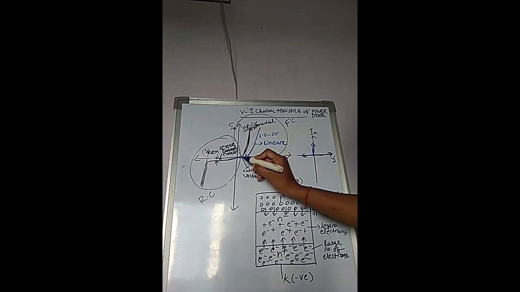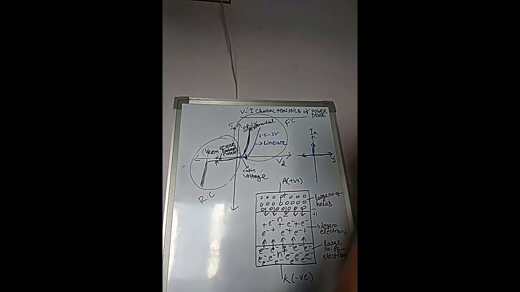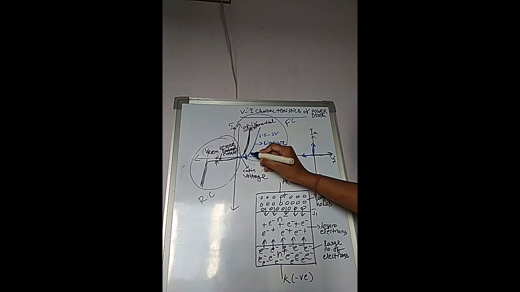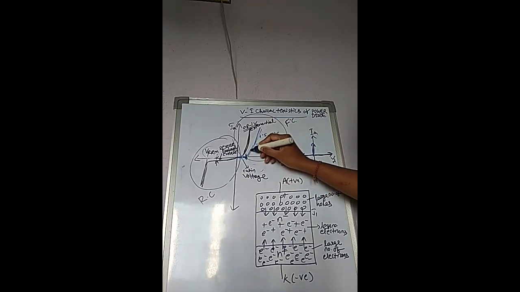In case of signal diode the cut-in voltage level is here, but in case of power diode the cut-in voltage level is somehow greater than the signal diode. So here the cut-in voltage level is at this point. Beyond this cut-in voltage point the current rises linearly. This is the linear graph of the current.